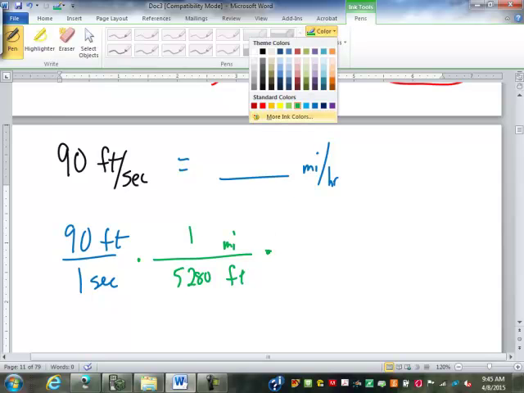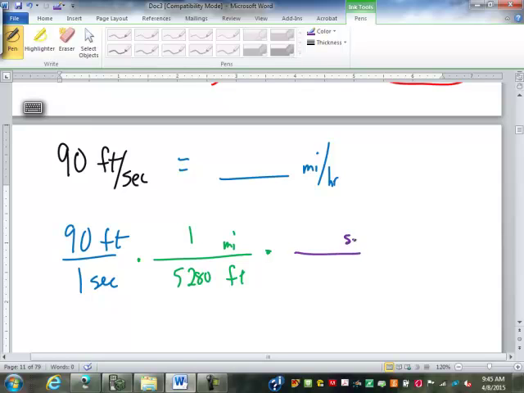Next, I want to get rid of the seconds. So seconds on top. Do I have a conversion from seconds to hours? We could. Let's go to minutes first. We know that 1 minute is 60 seconds. And then minutes to hours, 1 hour is 60 minutes. So we can see here the feet cross cancel, seconds cross cancel, minutes cross cancel.